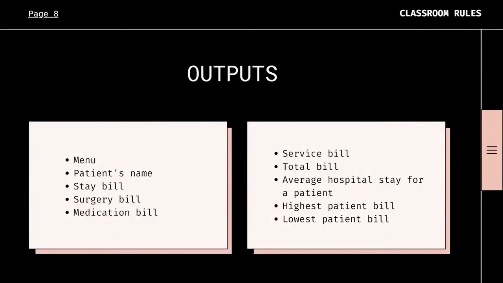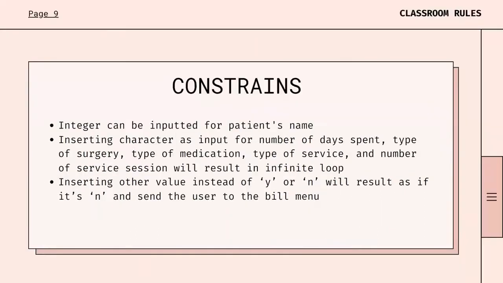Next is the outputs. As you can see earlier, it has the menu, patient's name, stay bill, surgery bill, medication bill, service bill, total bill, average hospital stay for a patient, highest and lowest patient bill.